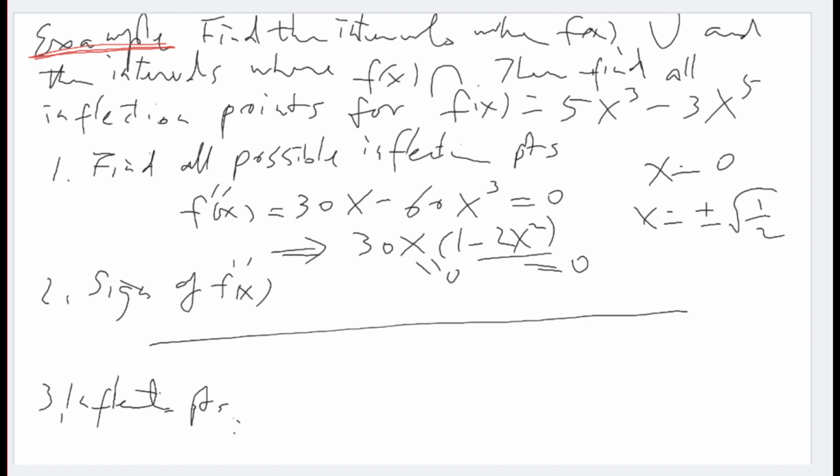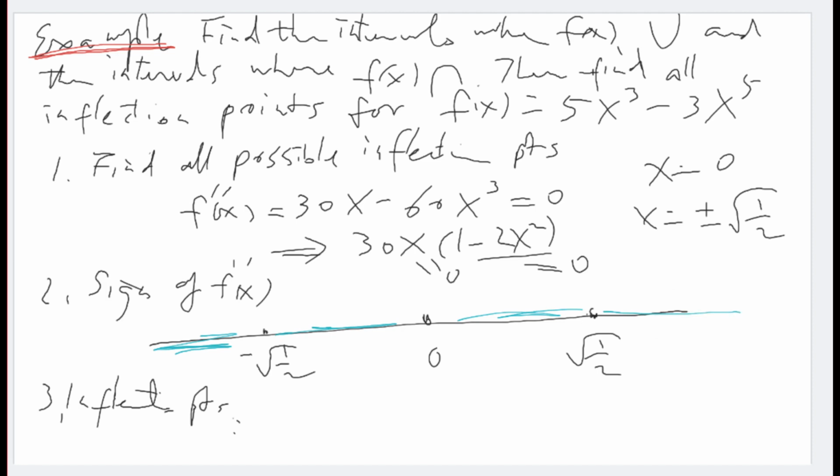So now create a sign chart. Say this is negative square root of 1/2, this is 0, and this is positive square root of 1/2. Then we test out the sign of the second derivative over each subinterval. We have 1, 2, 3, 4 subintervals.